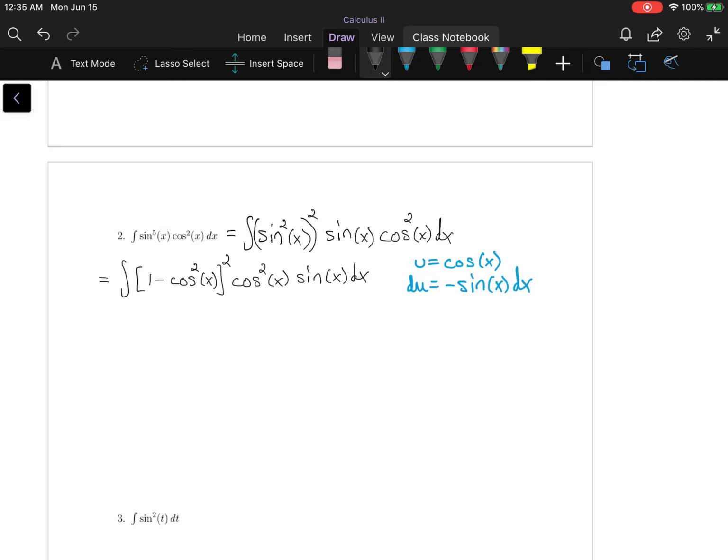And I've got negative cosine cubed of x divided by 3 plus 2/5 cosine to the fifth x minus cosine to the seventh power x over 7 plus c. And that is our second solution. Let's continue on.